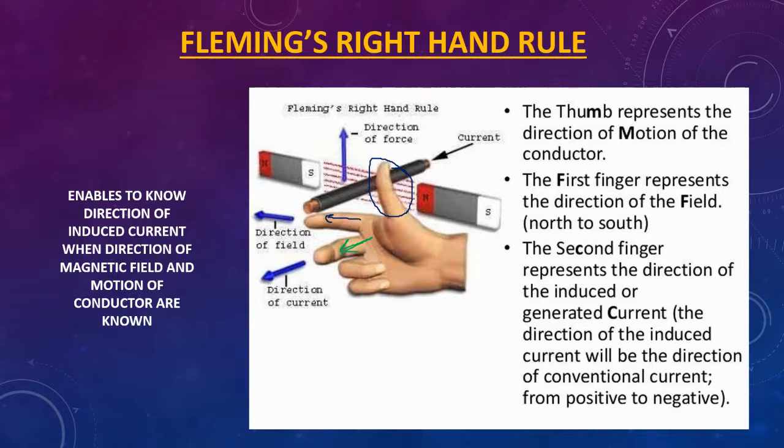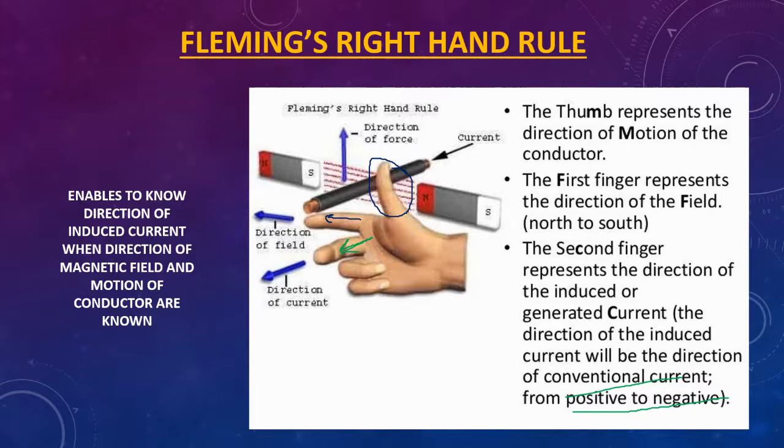Now the direction of the induced current will be the direction of the conventional current, which is from positive to negative. Generally the flow of electrons is from the negative to the positive terminal of the battery, but conventionally we take the direction of the current from the positive terminal of the battery to the negative, and this is known as conventional current.